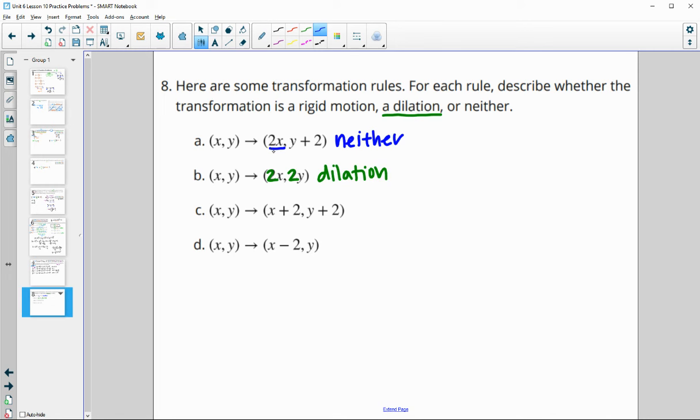So this is going to be stretching it by a factor of 2, but it's not going to stretch the vertical. So it's going to be distorted. So this one's going to be neither. And then if all we see is adding and subtracting, these are both translations. So this is going to be rigid. So these are going to keep the same size here.